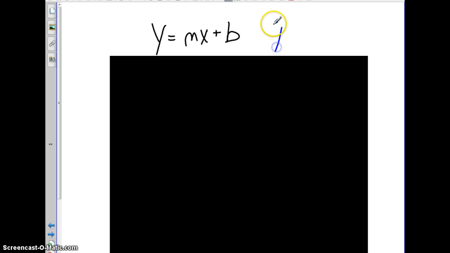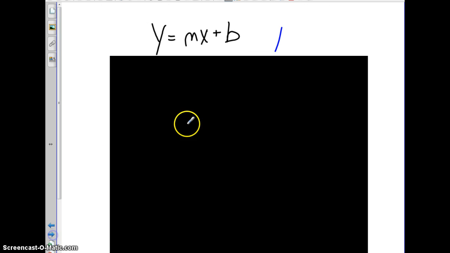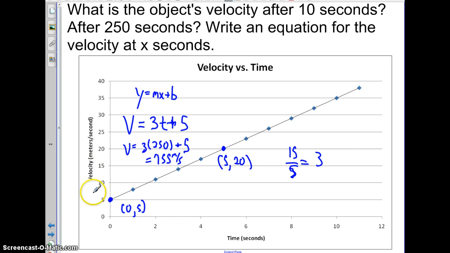So instead of y, which is representing your velocity, on the y-axis, we have velocities. So you really have velocity is equal to, instead of m, since the slope is the acceleration, the x value is time, plus b is your intercept, right? And your intercept is an initial velocity, because we're plotting velocities.